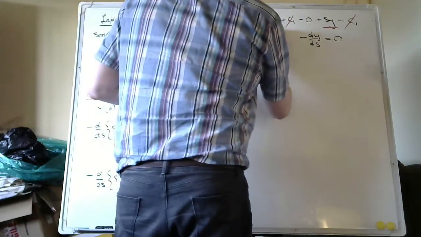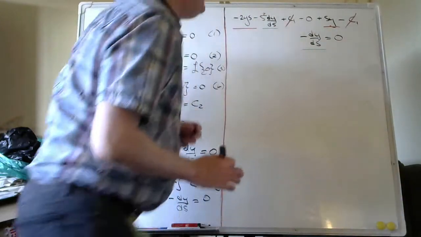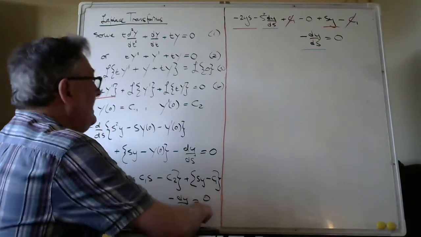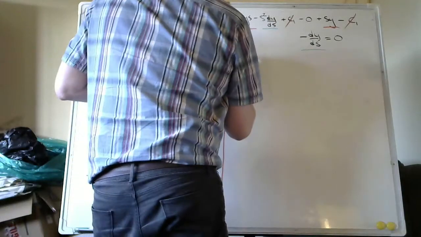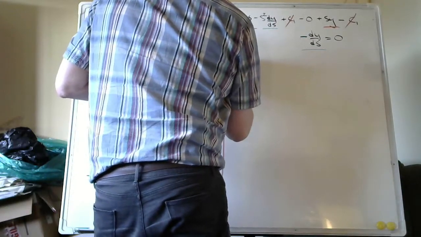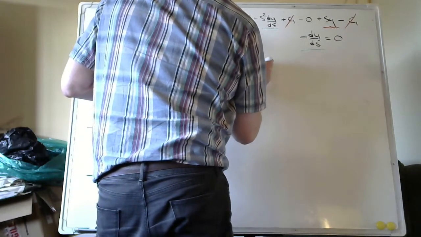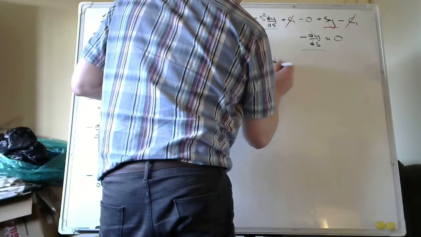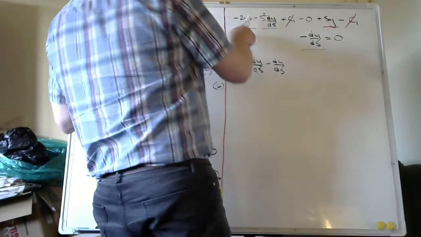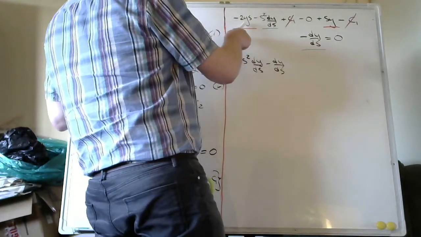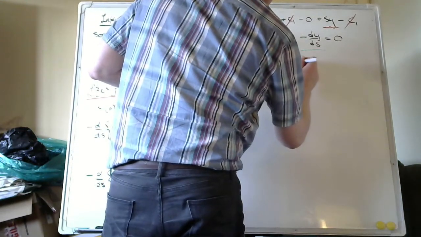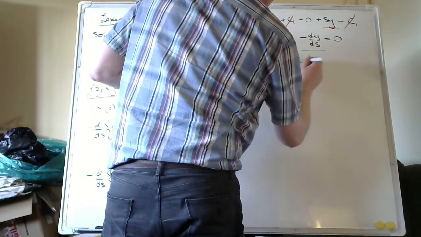If we collect these terms highlighted in green together, then what we get is minus s squared dy by ds minus dy by ds. And then adding the minus 2ys and the sy, we get minus ys, and that's equal to 0.